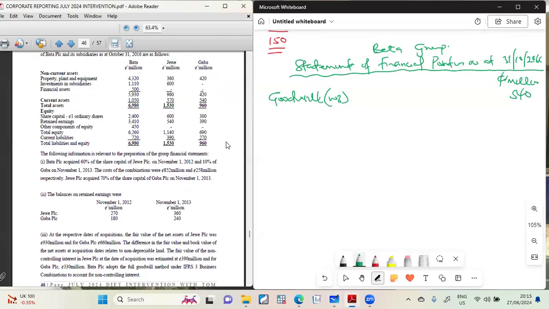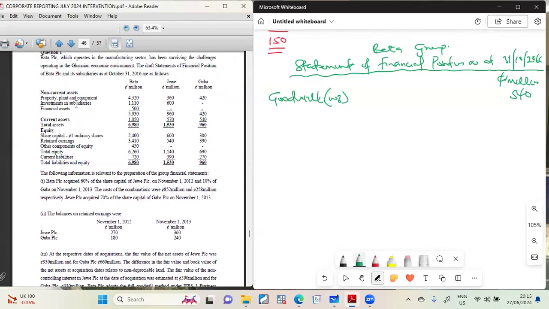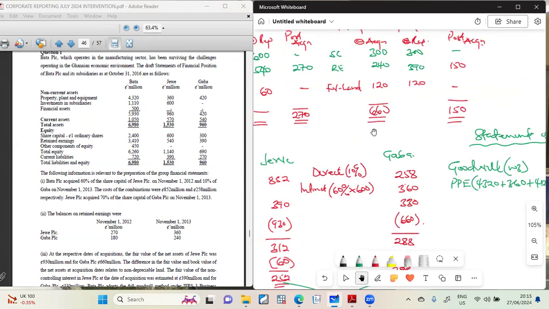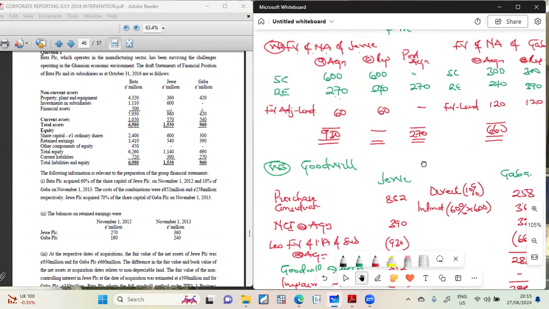And when you finish that, just copy and paste what you have here. All right. So we have PPE. The PPE is 4320 plus 360 plus 420. And when we did our workings too, there was some land, non-depreciable land, which is 60 and 120.